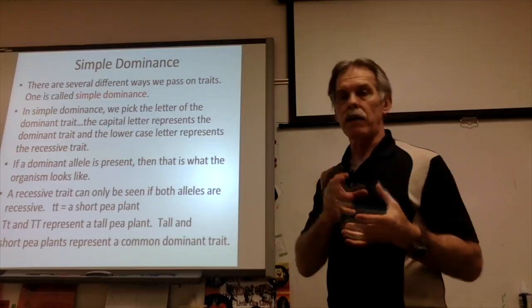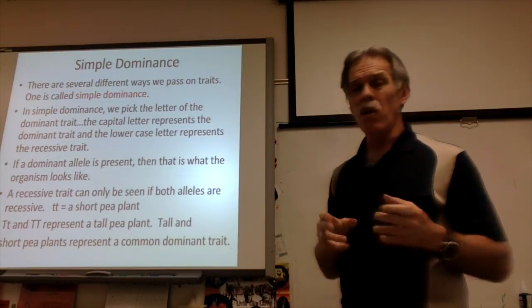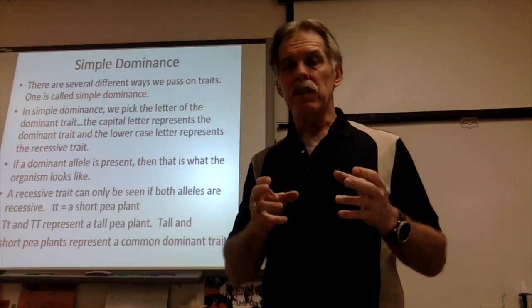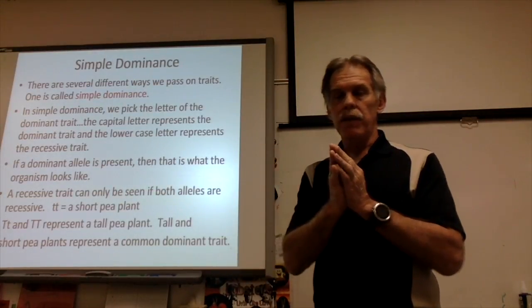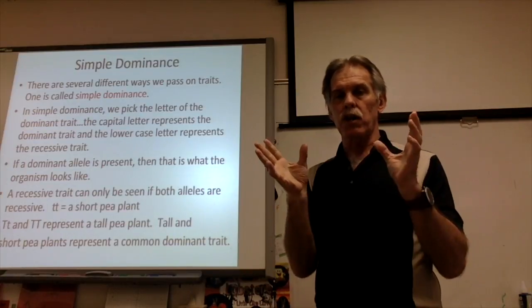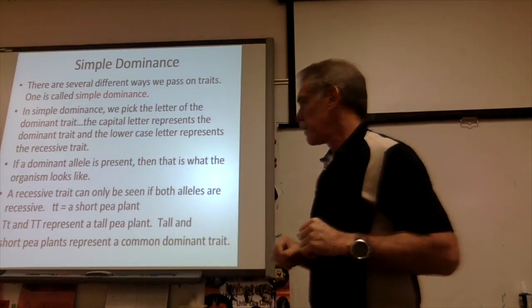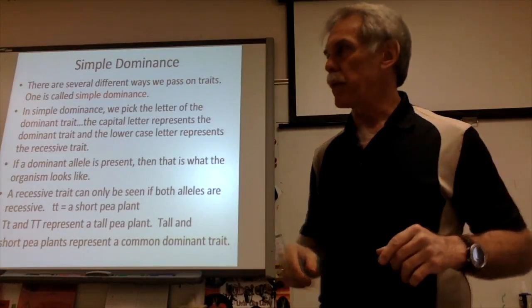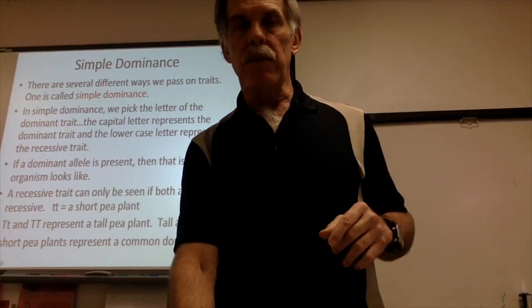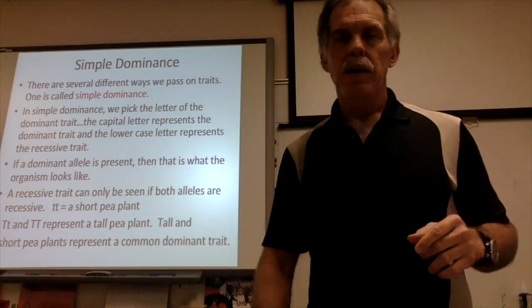You're going to look like whatever that dominant trait is. Recessive trait can only be shown if it's little t in this case, or if it's both recessive. That's the only time where that trait can show, if there's no dominant trait to overshadow it. So again, tall and short pea plants, that's one of our standard traits that we're going to talk about.